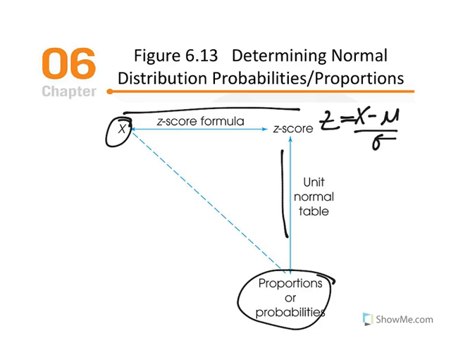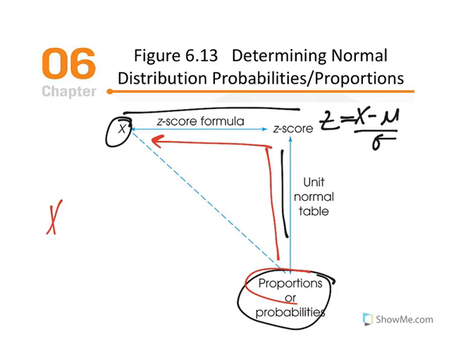But we should also realize that it is possible to reverse this process. In that case, we have a specific proportion identified, and we begin here using the proportion, then we use the unit normal table to identify the z-score, and then we solve for x.